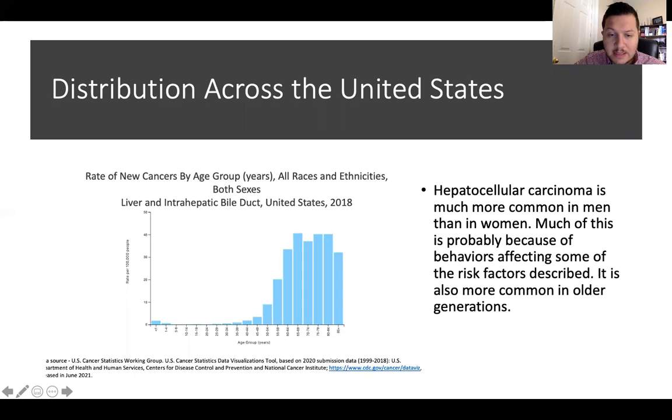Like I said, 65 is the median age, but diagnosis tends to be between 54 and 85 years old for liver cancer. And this data is presented by the CDC, and it was based on June 2021 analysis, with data collected from 1999 through 2018.